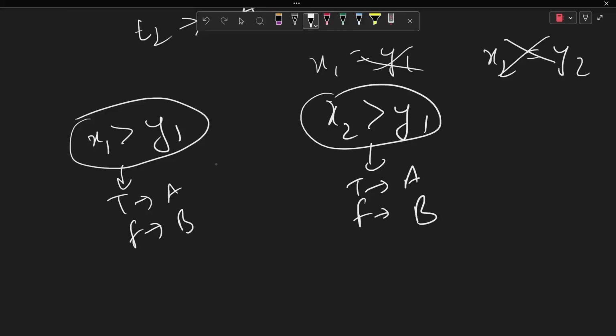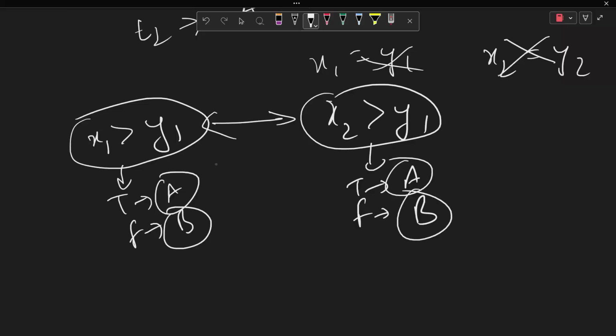Now we can compare these two. If both of them are true, then team A is always leading, so we would give yes. If both of them are false, then team B is always leading, and we would give a yes.